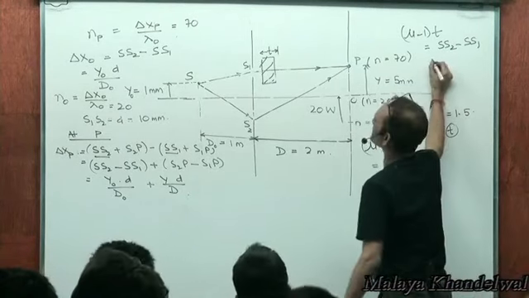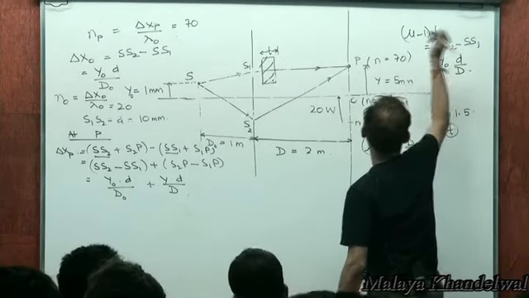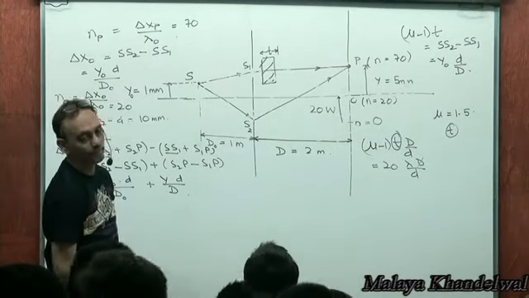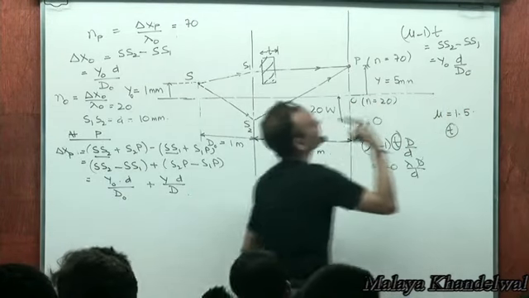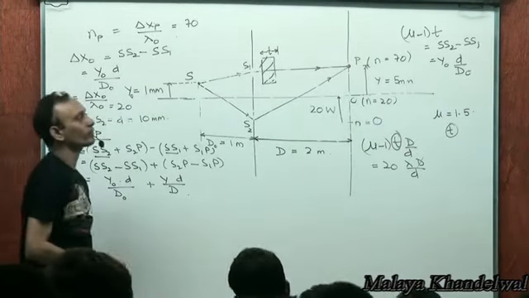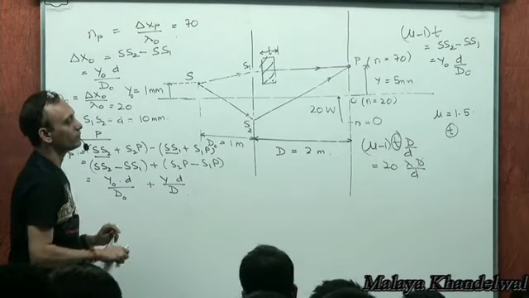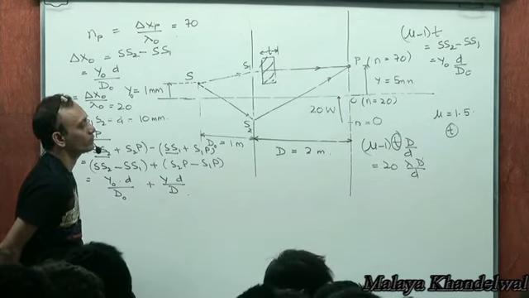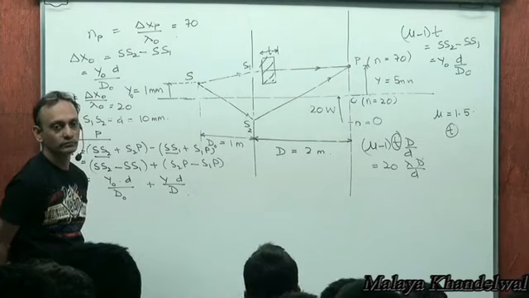But SS2 minus SS1 is simply y0 into small d by capital D. Clear? Make sense now?